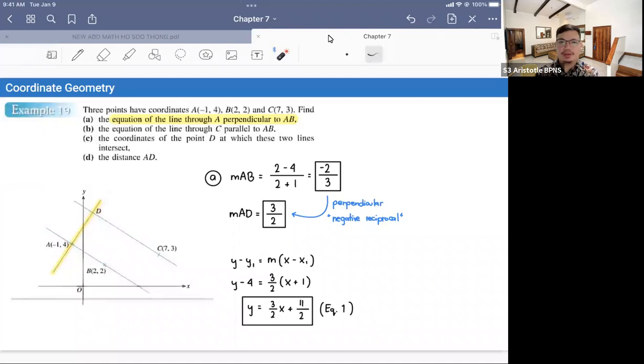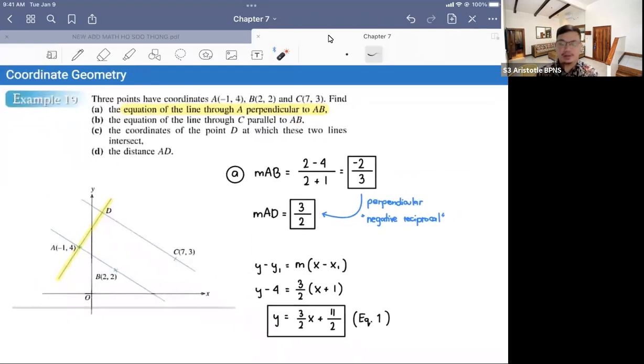Same thing goes with perpendicular lines. You need to find the gradient and apply the formula. First things first, how can I determine the gradient of this line? If this line is perpendicular to line AB, their gradients are negative reciprocals of each other.